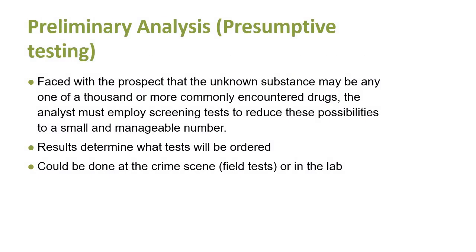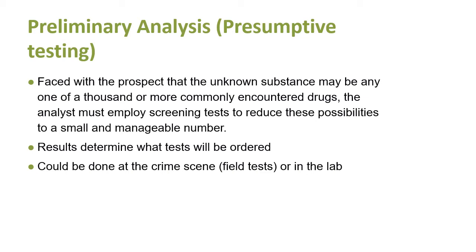So in the presumptive testing or preliminary analysis, we're looking for ideas of what it might be. The point would be, can I get a guesstimate as to what I think it might be and get a partial test on that, so that then I can say, okay, great, I'm only going to run these 5 tests.